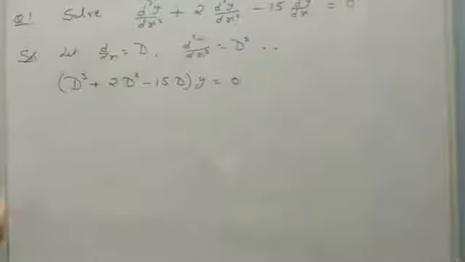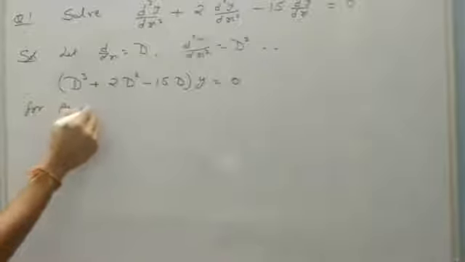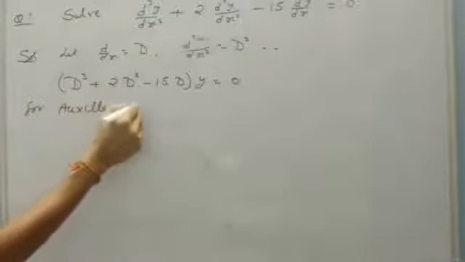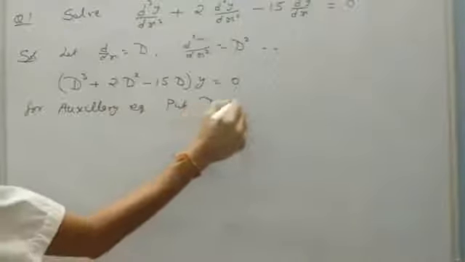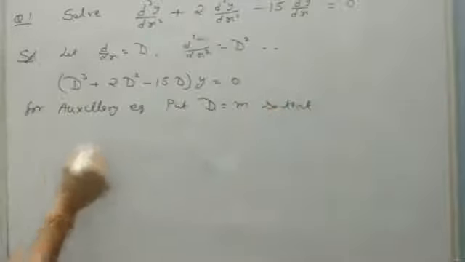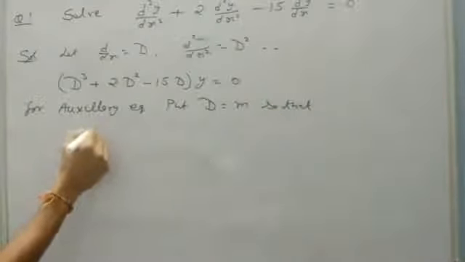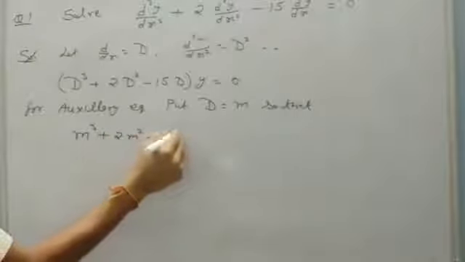Now for the auxiliary equation, put D equal to m so that the equation becomes m cube plus 2m square minus 15m is equal to 0.